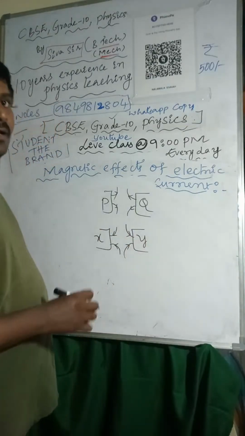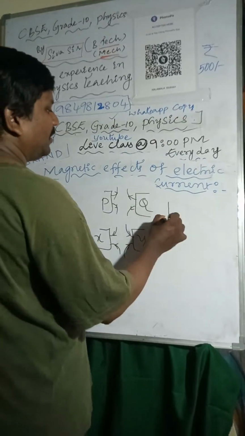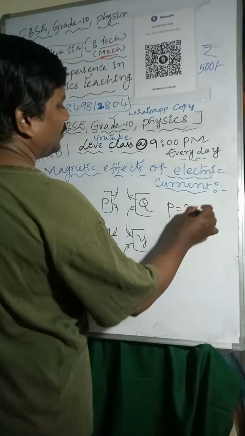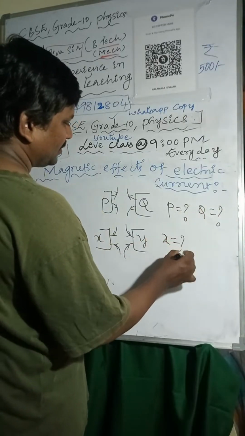Now you say, what is P, what is Q? And coming to X and Y.